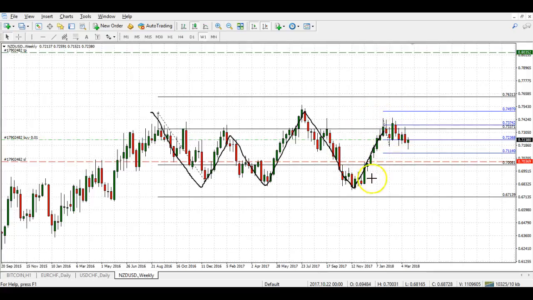Since it is the sixth leg, I expect it, as usual, to break outside of the setup and change the behavior of the New Zealand US dollar here. Basically, just go into a serious upside trend.